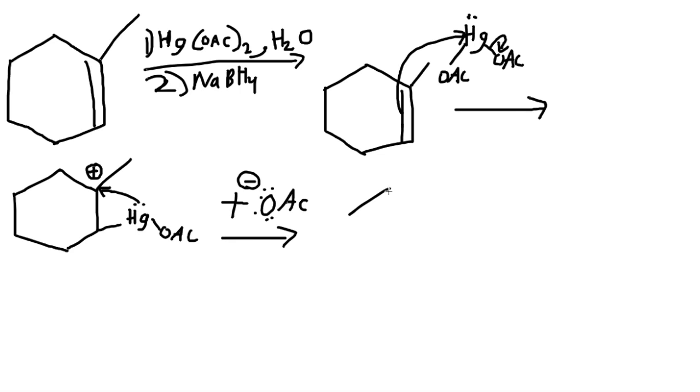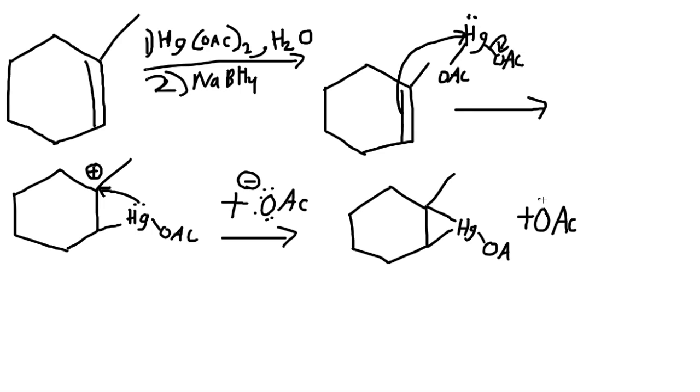From this, we would get a reaction forming a cyclic mercurinium ion, meaning that these 2 carbons connect to each other through the same element. This would be mercury in this case. So mercury is still connected with that acetate, but also the other acetate is still on the side, with 3 lone pairs with a negative charge. Mercury has a positive charge in this case, lacking electron density.